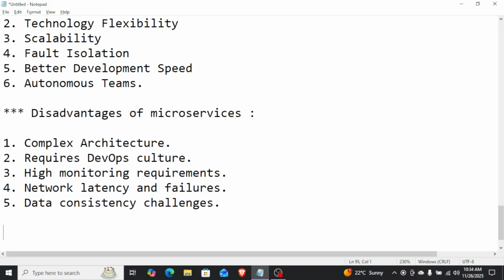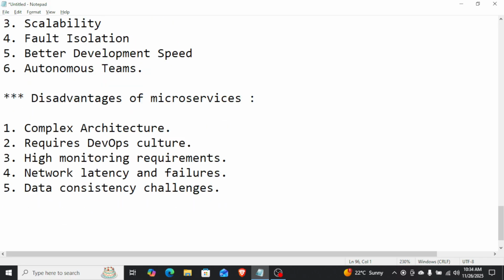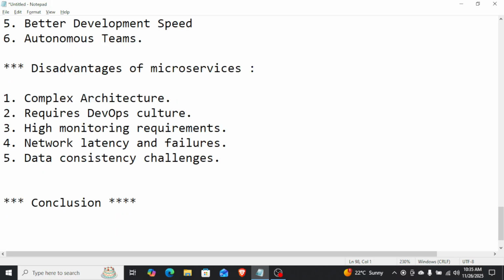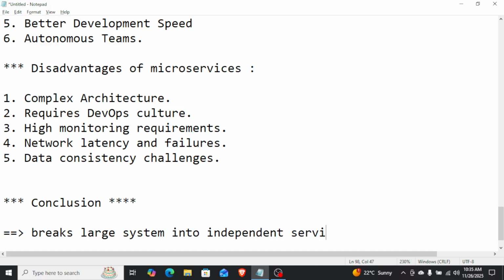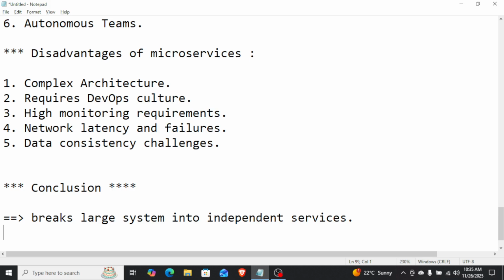Now let's conclude our demo. Conclusion: microservices break a large system into independent services, and it helps with scalability, faster deployment, and reliability.